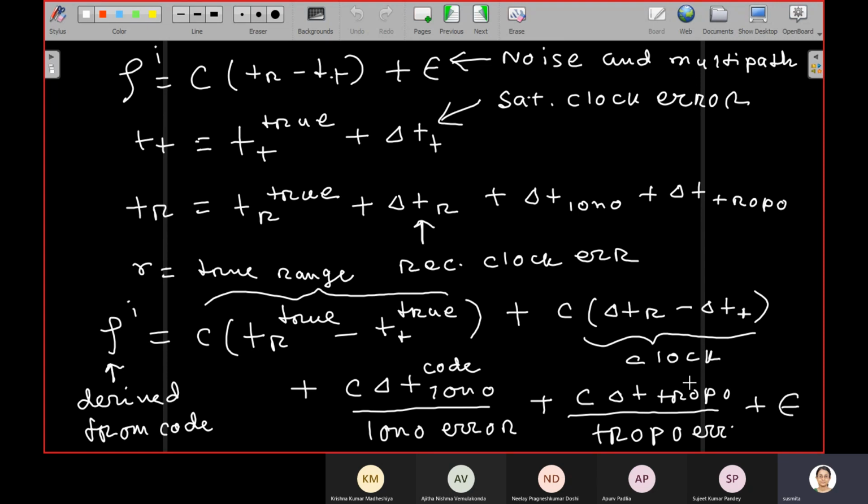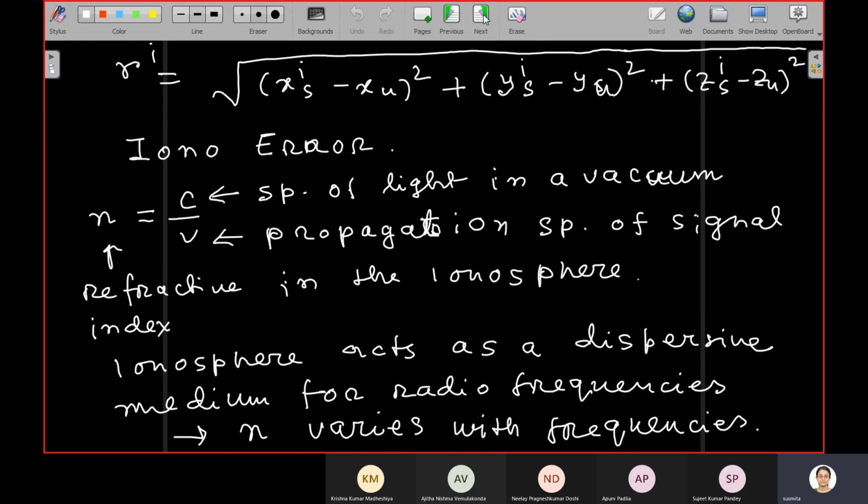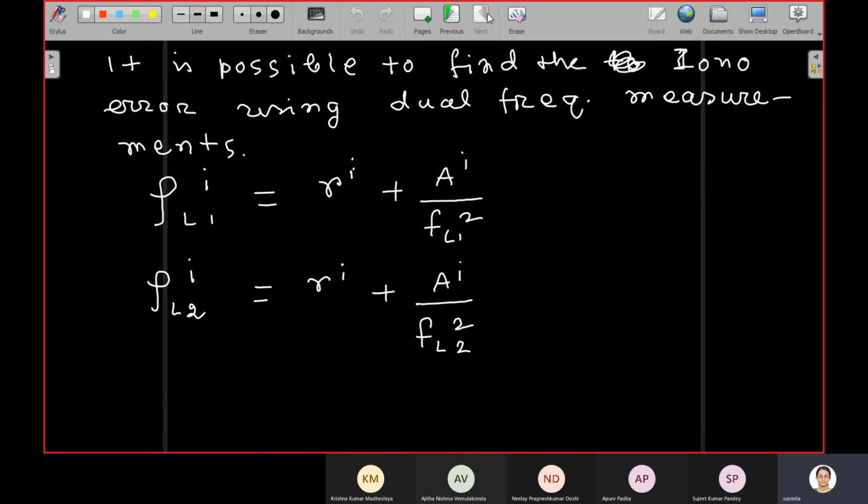So here, if we ignore epsilon, we see that all other error sources remain the same for both the measurements. The only difference is this one, ionospheric error. So all other error sources we can write as, let's say, theta, and I'll write ignoring epsilon.